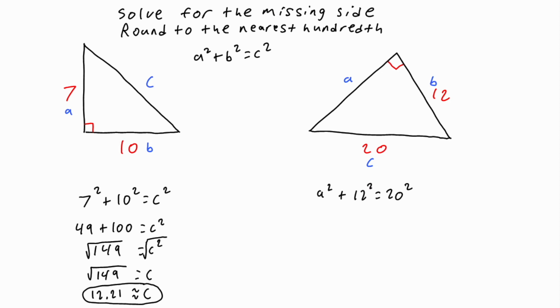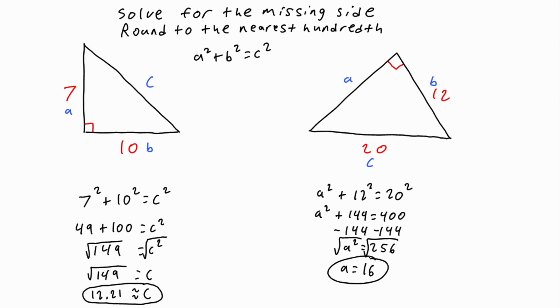So A squared plus 144 equals 400. Subtract 144 from both sides. And that will give us A squared equals 256. Take the square root of both sides. The square root of 256 is 16 exactly. So A equals 16. Don't have to do any rounding.